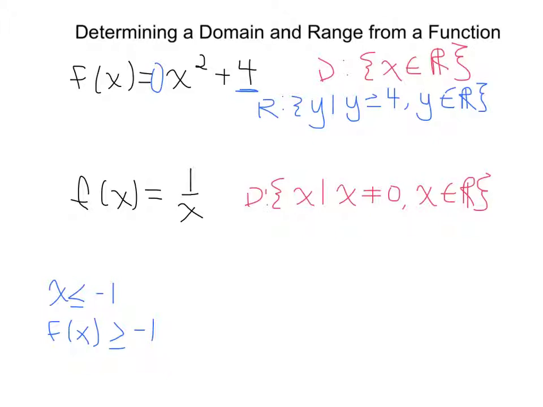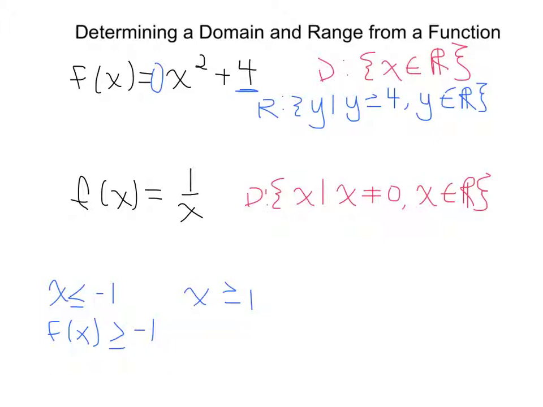What if x is greater than or equal to 1? Well, then we're putting in larger positive values. So when you're putting in values that get larger and larger into f of x, you're going to get results that are smaller and smaller, getting closer and closer to 0.